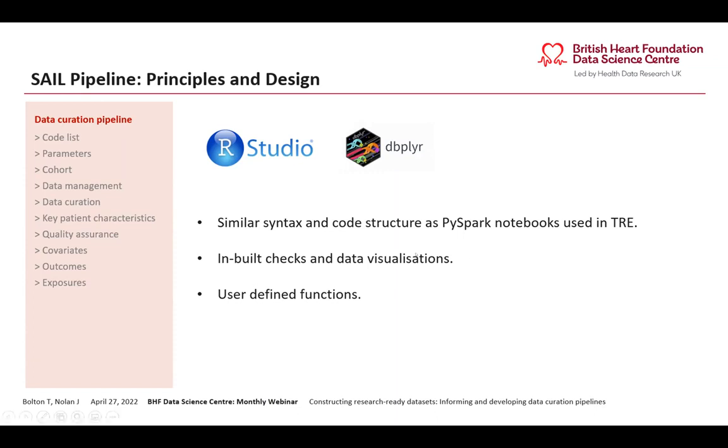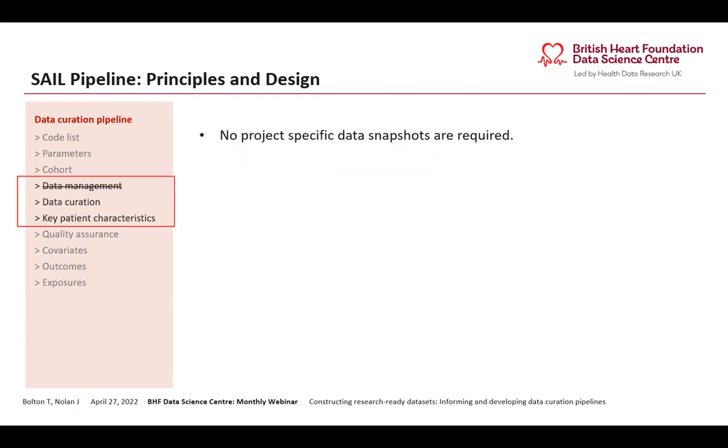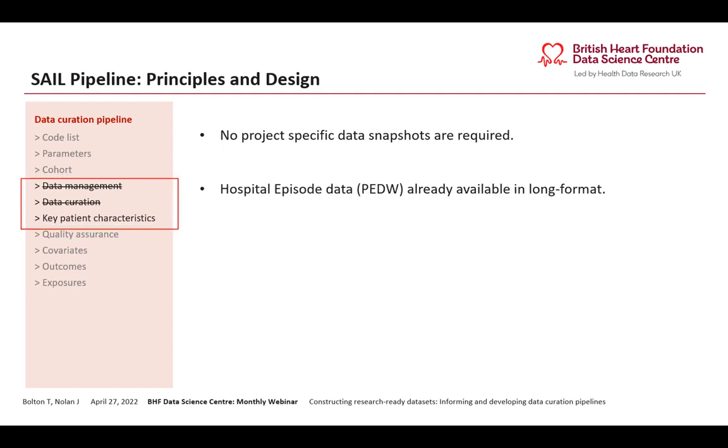Some of the pipeline stages that Tom described are not required in SAIL. So, for example, the much smaller volumes of data mean that project-specific data snapshots are not really required here. Long format hospital episode coding already exists in SAIL, and so there's a reduced need for data curation steps.